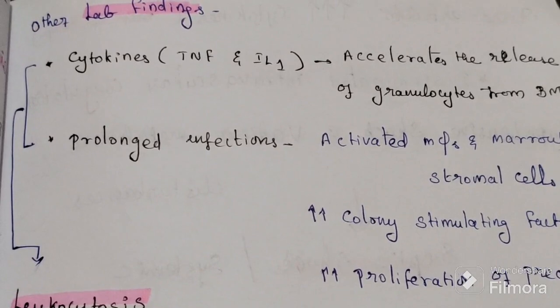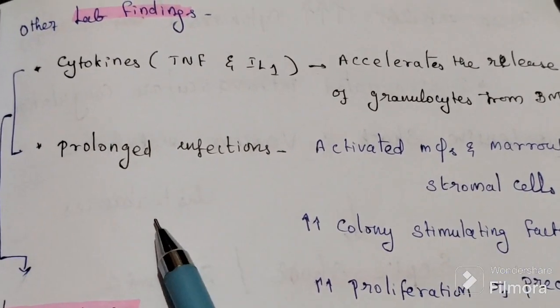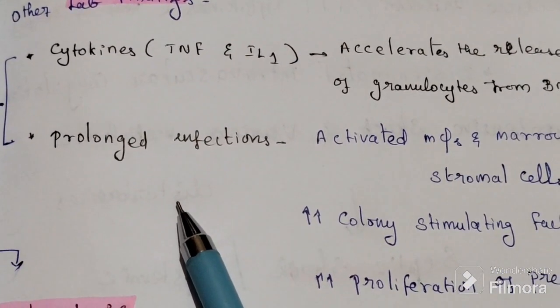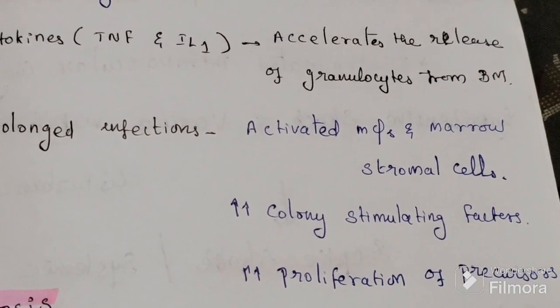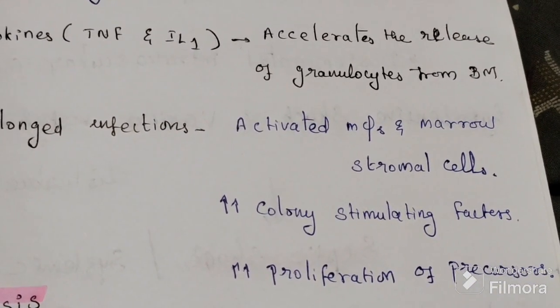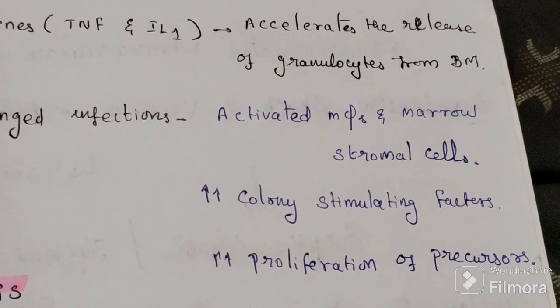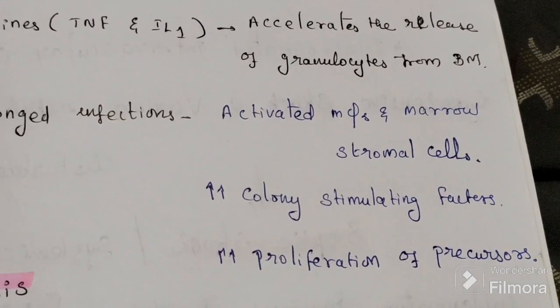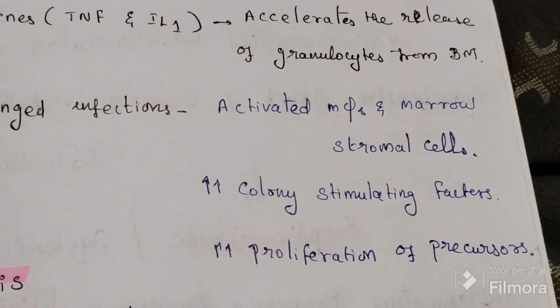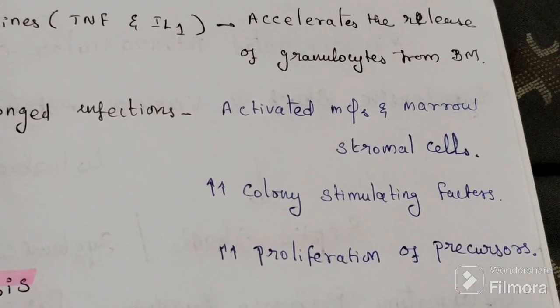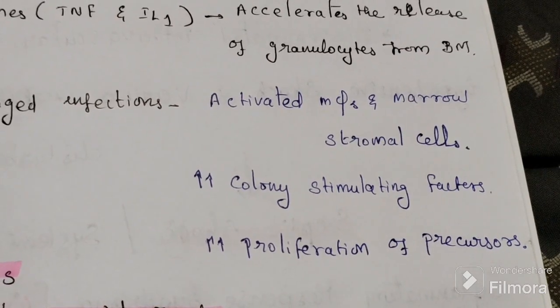Other than that, in case of prolonged infection, the macrophages are activated, and also stromal cells in the bone marrow are activated, and these activated macrophages and marrow stromal cells increase the production of colony stimulating factor.